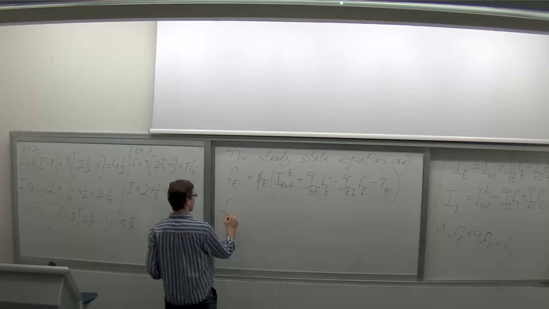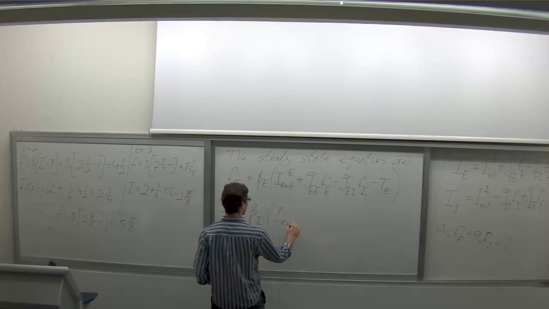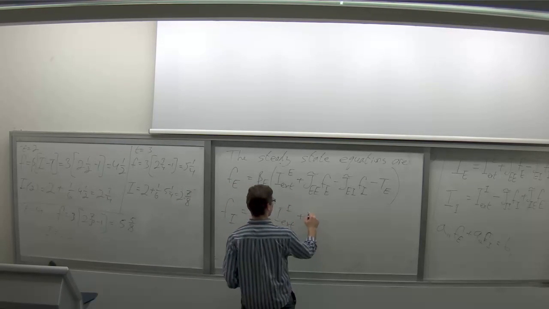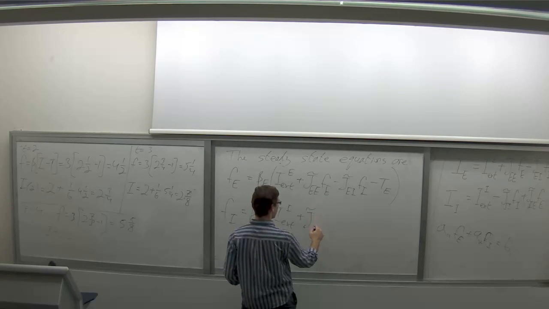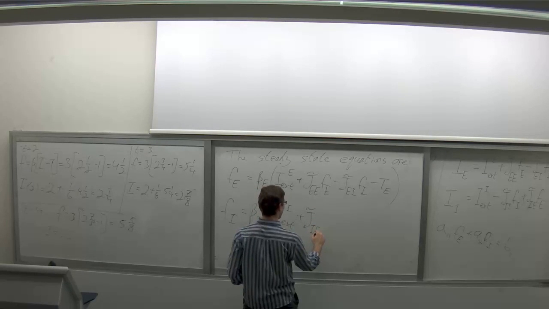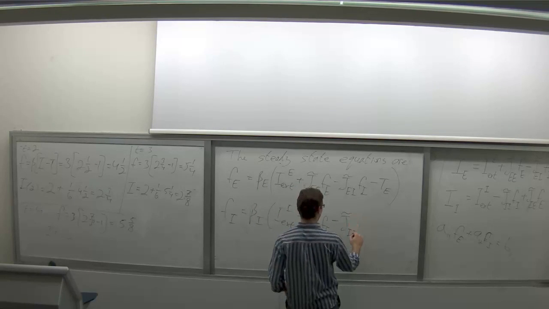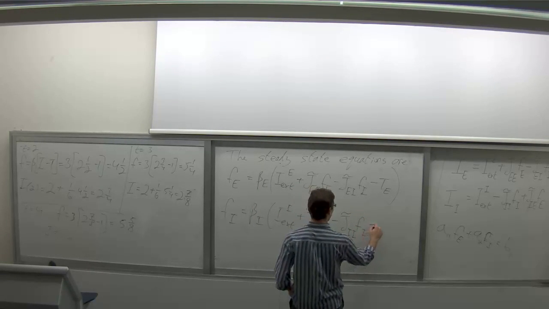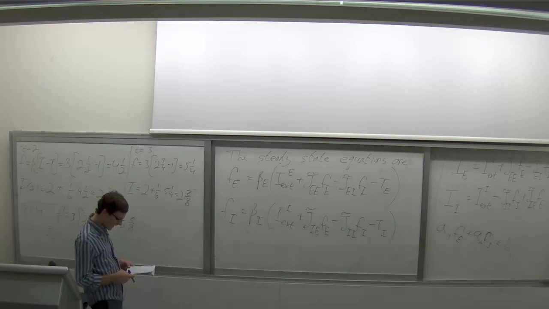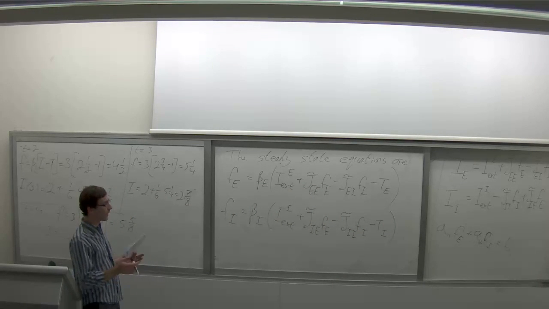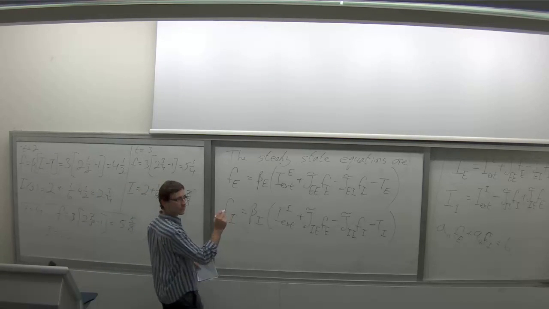And Fi is going to be beta I times I external I plus J tilde IE Fe minus J tilde II Fi minus TI. And this is, with many parameters, a system of linear equations, two linear equations in two variables.